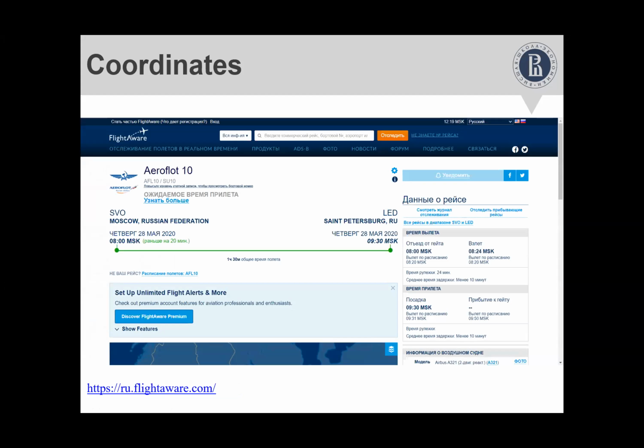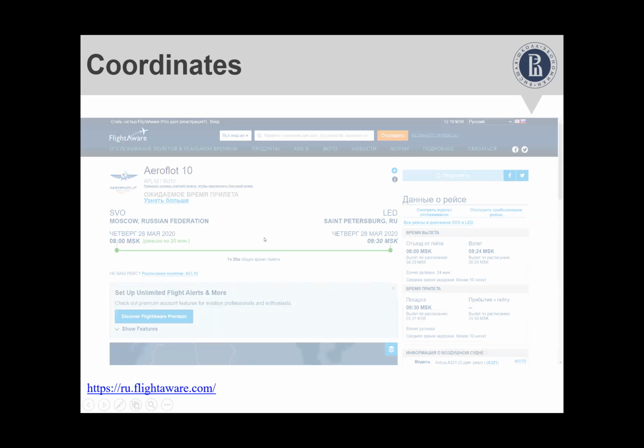As a result, we found another web service, FlightAware. Here you can see one example. It's Aeroflot flight number 10, from Sheremetyevo to St. Petersburg. It shows the day when it happened.